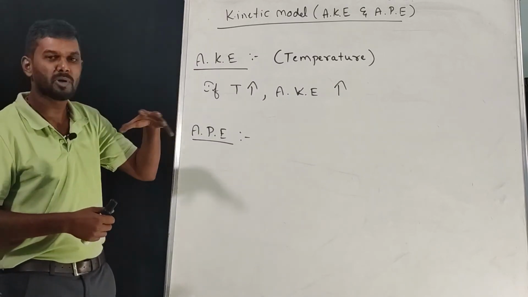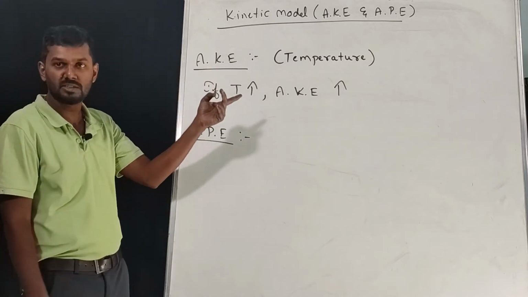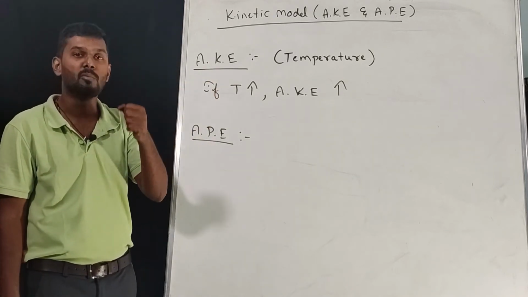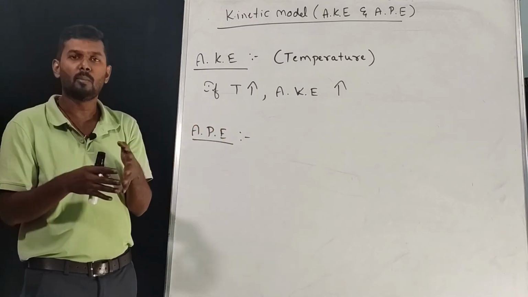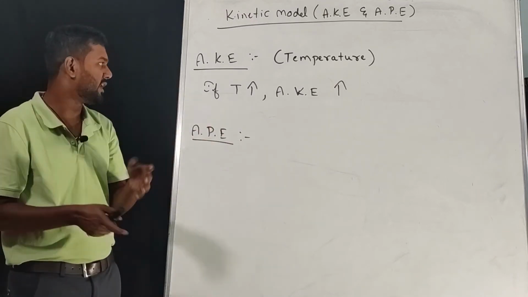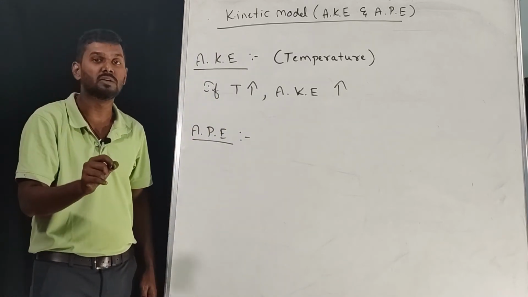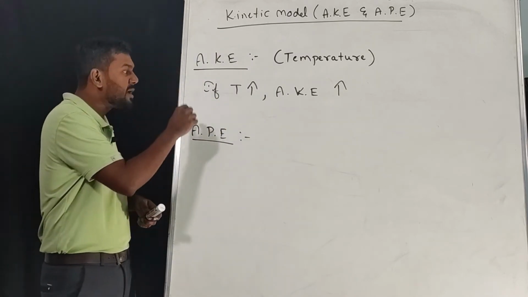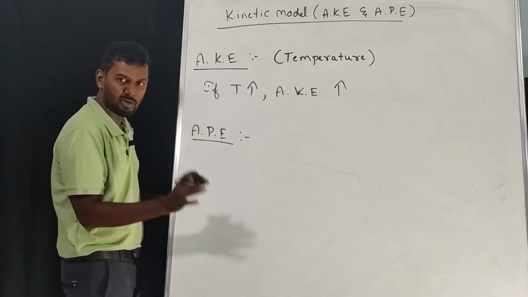If the temperature of any object increases, then the average kinetic energy of the molecules also increases. What do you mean by kinetic energy? The movement of molecules also increases. Those two are directly proportional. But when they mention same temperature, I'll give you one example at the end, don't worry.